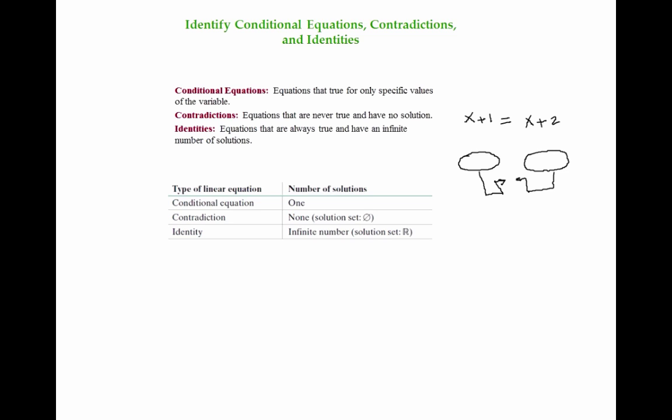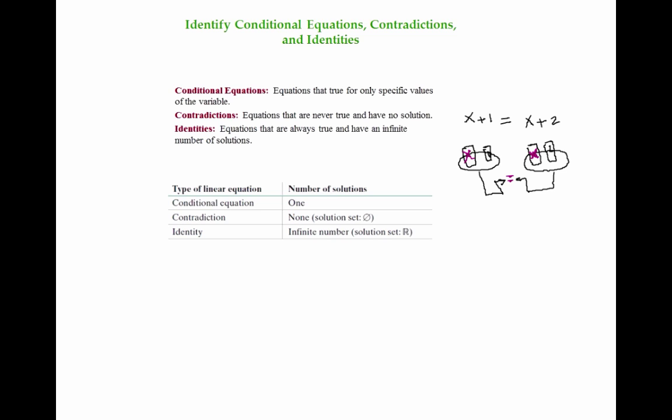So if I have an unknown weight, x pounds, sitting here, and I put x pounds here, and then I have a known weight, 1 pound here, and then I have 2 pounds here. If somebody asks you to put an equal weight on both sides of this scale to make it equal, is it possible?